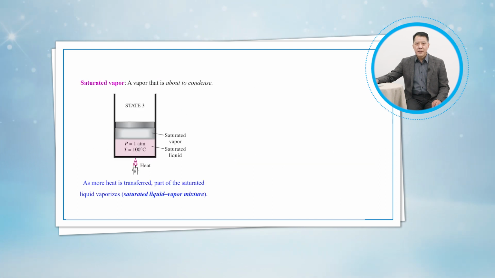Once boiling starts, the temperature stops rising until the liquid is completely vaporized. That is, the temperature will remain constant during the entire phase change process if the pressure is held constant.